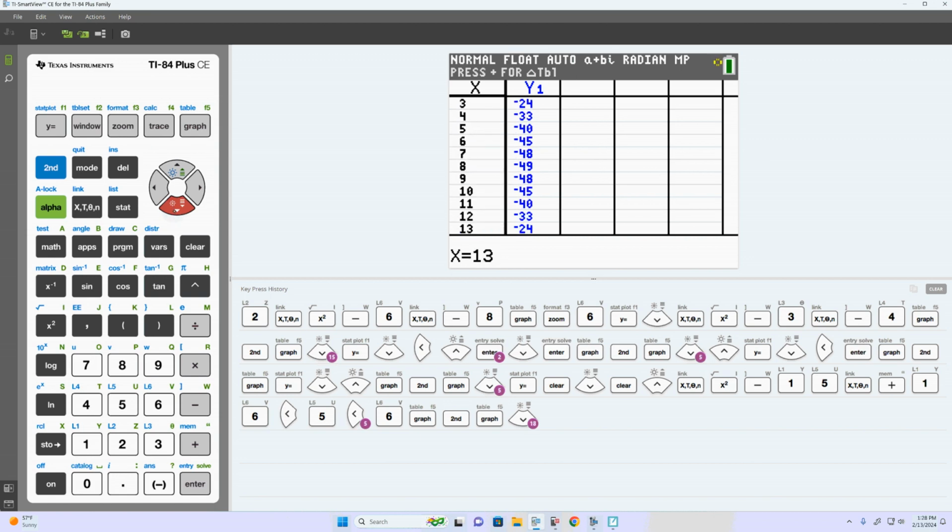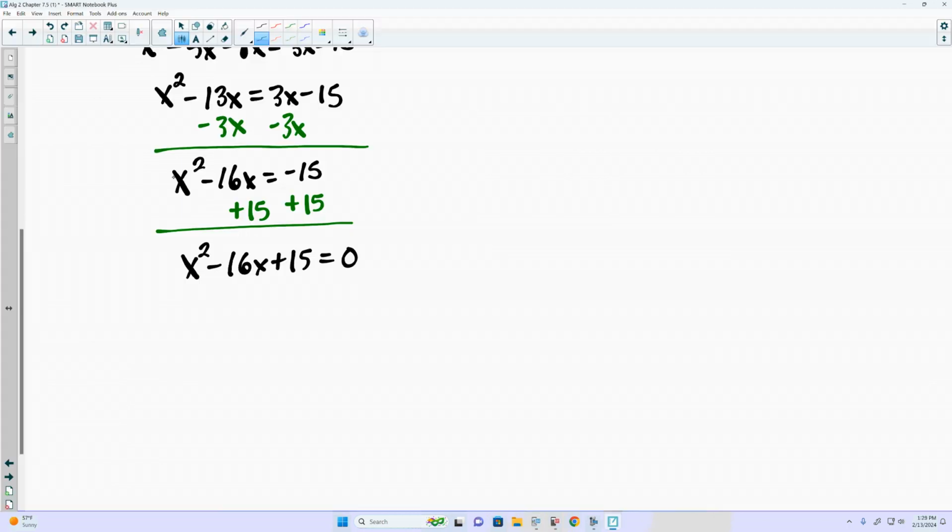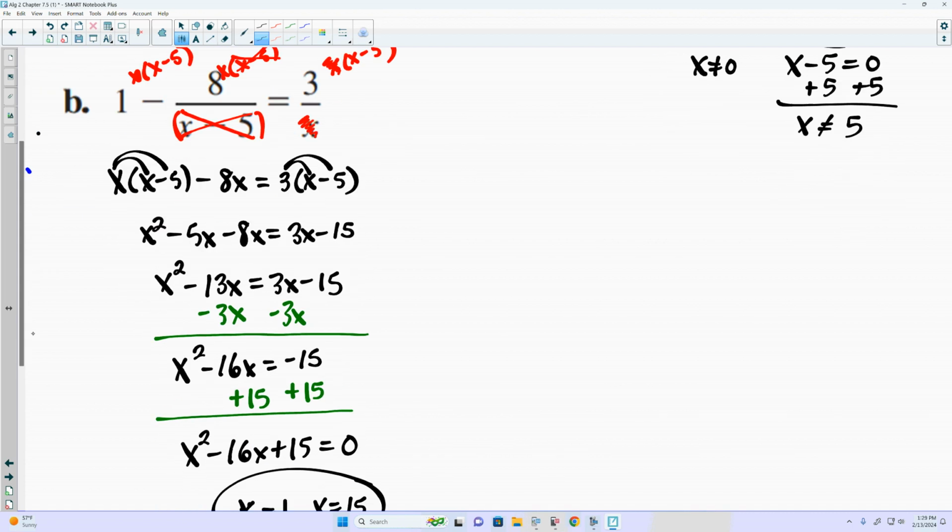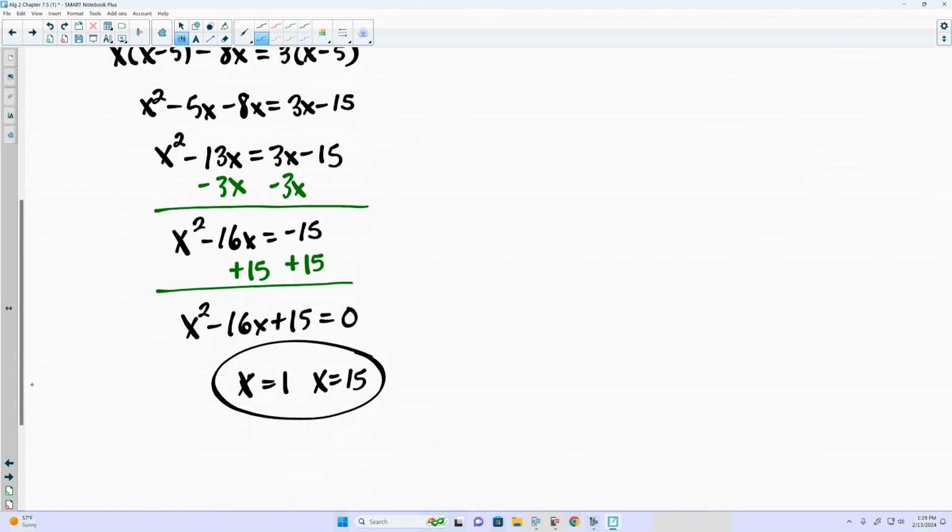So 1 is one of our solutions, and 15. So x is equal to 1, and x is equal to 15. Was either one of these a restriction? Nope. So those are our two solutions.